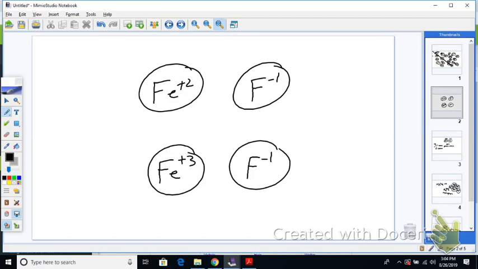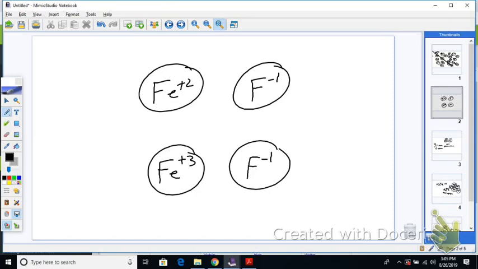So the one that's more common here, that we see most often, is the one that is plus 3. So the iron that's a plus 3 we see more often than the one that's a plus 2. Okay, so if you have your periodic table, you're going to have two values above that middle group. If you look at iron, it can be a plus 2 or a plus 3.